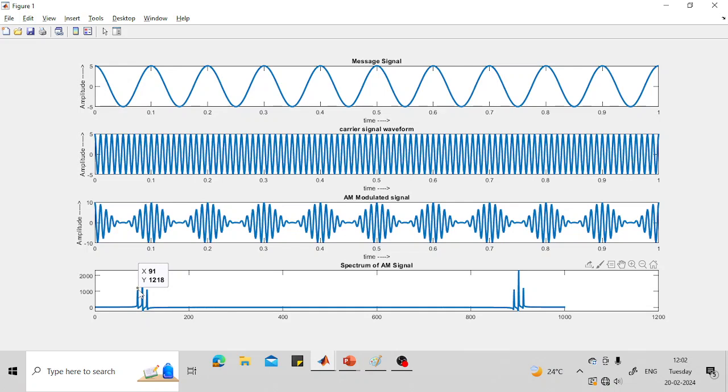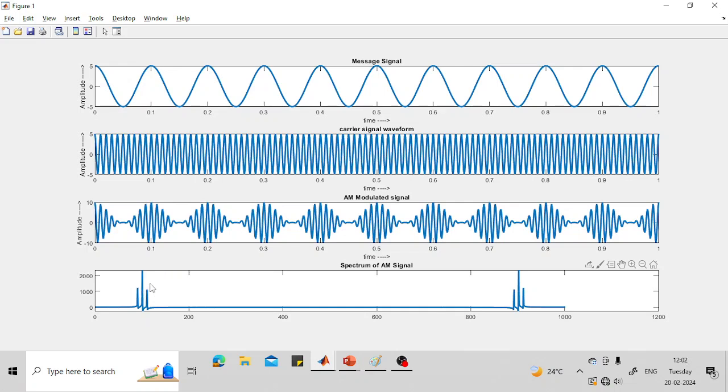Right now M is equal to 1, so it will be EC by 2. If this is EC, you can observe on the y-axis it is around 2, 3, 4, 6, right? Here it is 1, 2, 1, 8. Yes, it's around half, so it is fulfilling.